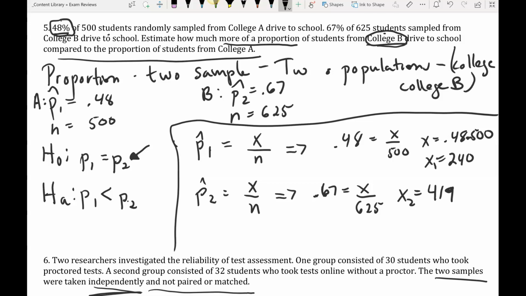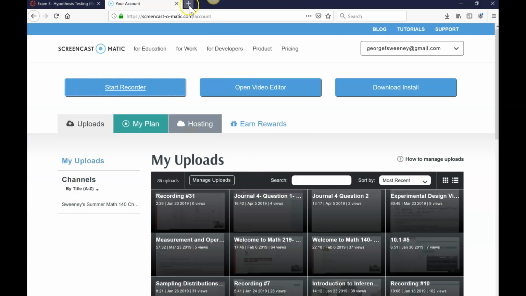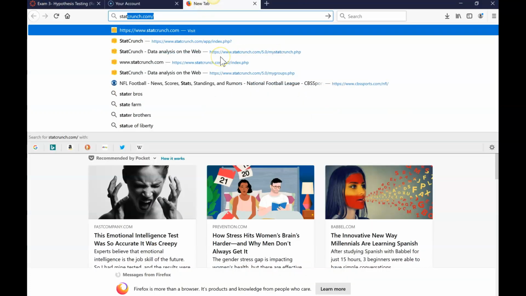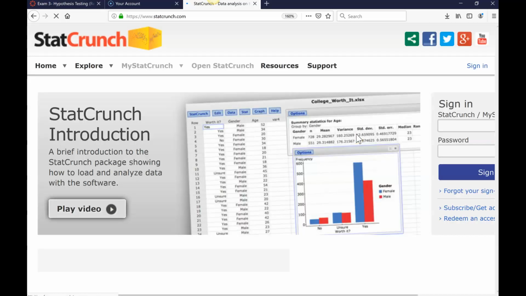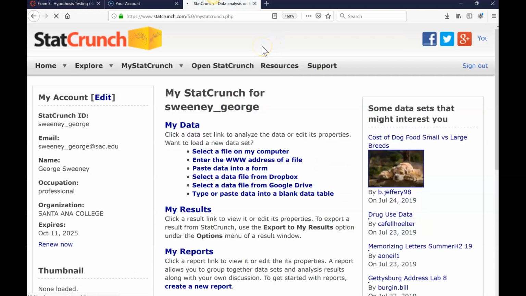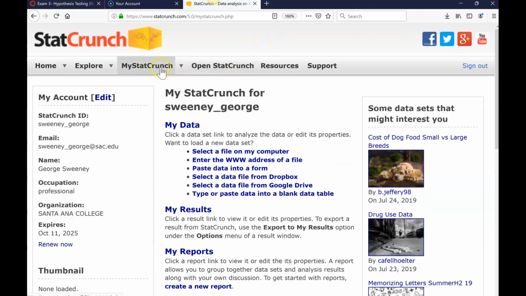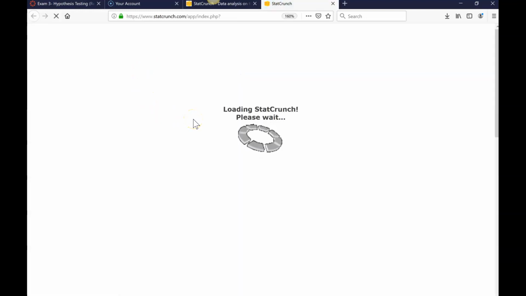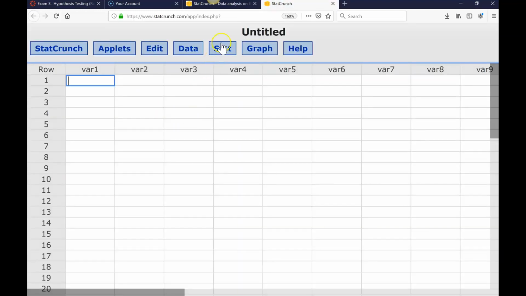Now, we are not given an alpha here, so let's just assume that alpha is equal to 0.05. Okay? And now I go into StatCrunch. I'm going to go in here to Stat.